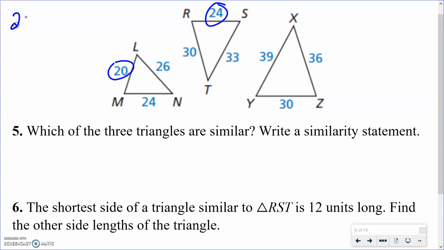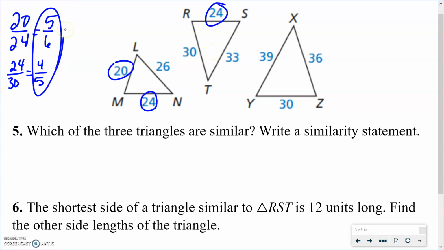So 20 over 24, both divisible by 4, is 5/6. Let's see if all of them have that same ratio. 24 over 30 is the next one. It's divisible by 6, so it goes in there 4 times, and in there 5. Okay, so I know it's not going to be these two triangles, because these are not the same. So immediately I know it's not the first two triangles there.